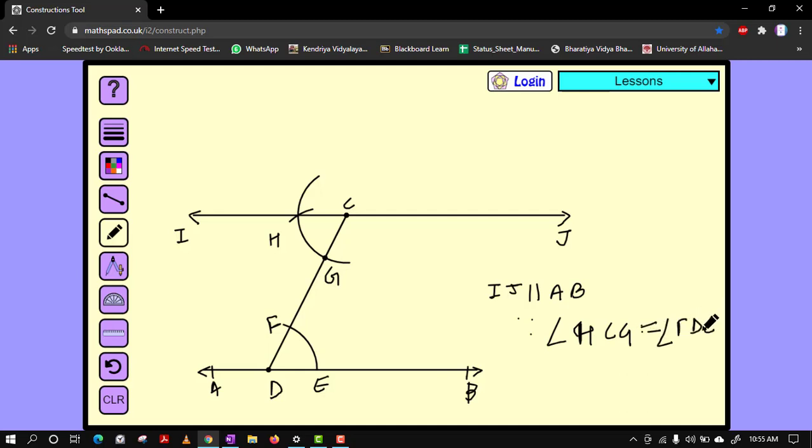So we have used the property that if alternate interior angles are equal, then we can say the lines are parallel. That's it for the first question.